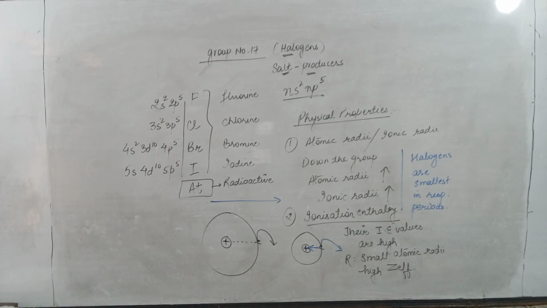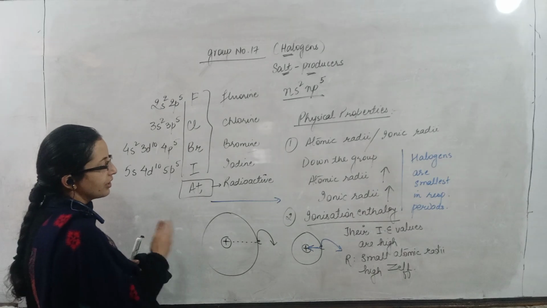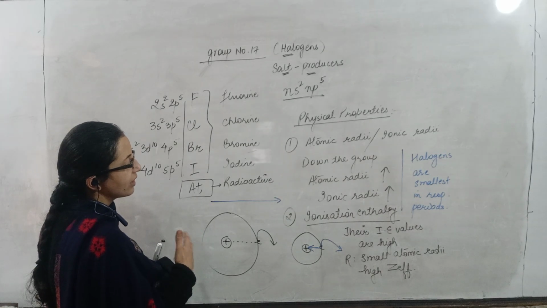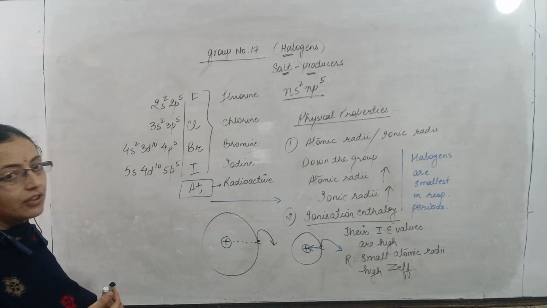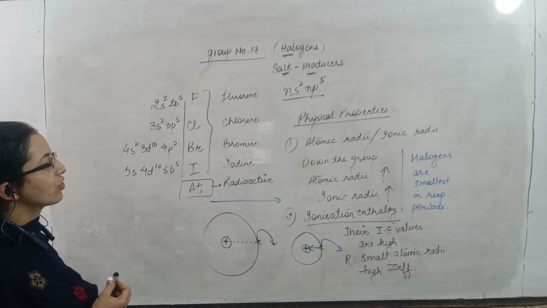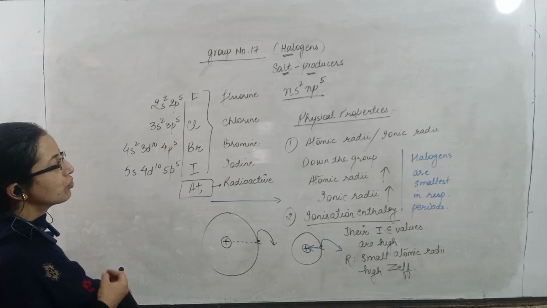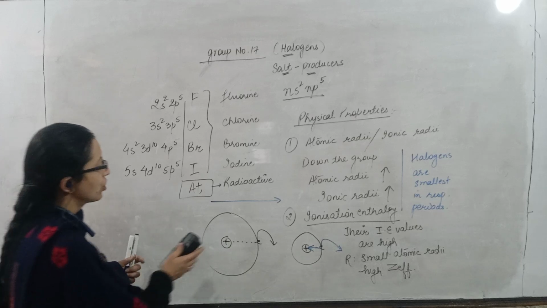So small atomic radii and high effective nuclear charge, so ionization enthalpies are quite high. This is in the period. Generally their ionization enthalpies are very high. Because their ionization enthalpies are high, they will have a very low tendency to lose electrons. So generally they do not lose electrons because of the high ionization energies.